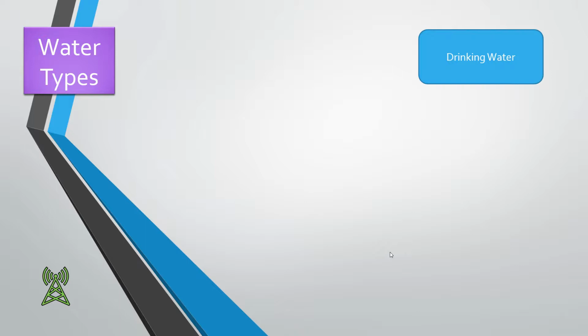So we start from drinking water, and then we think about whether it requires processing or not. Drinking water is coming in the industry, and we think about whether we are going to process it or not.